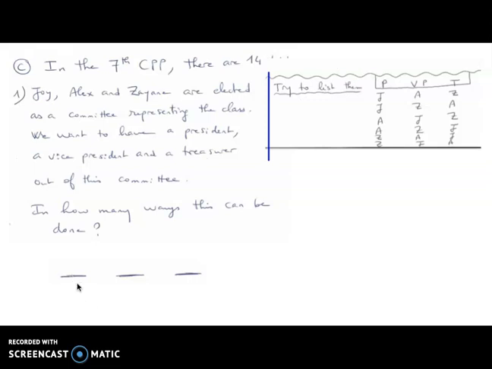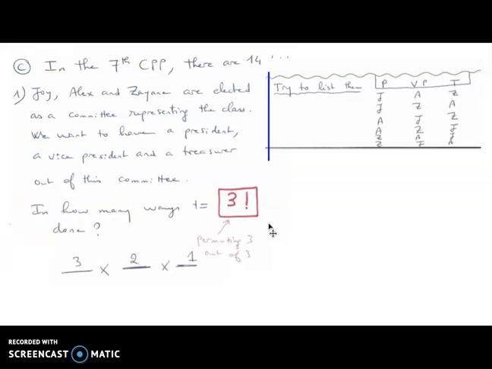I can say, among these 3, how many can be president? For sure 3. The 3 of them can be president. But once the president is chosen, now I have 2 possibilities for vice president, and I'm left with 1 student as a treasurer. And therefore the answer is 3 times 2 times 1.